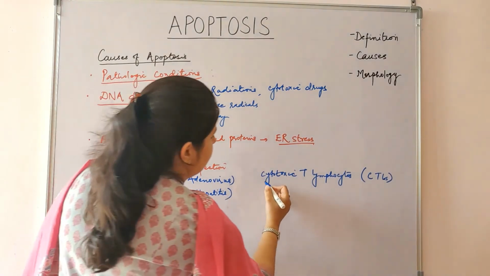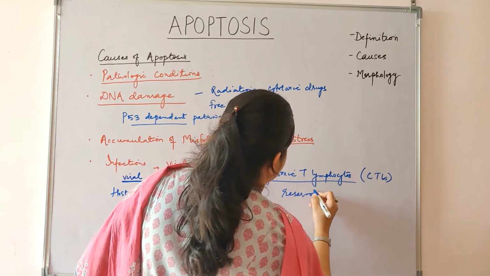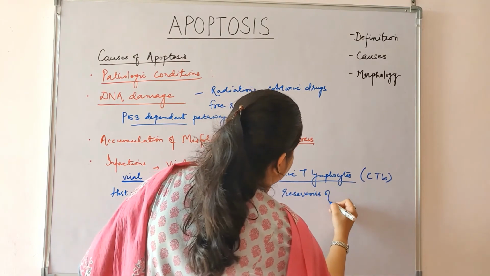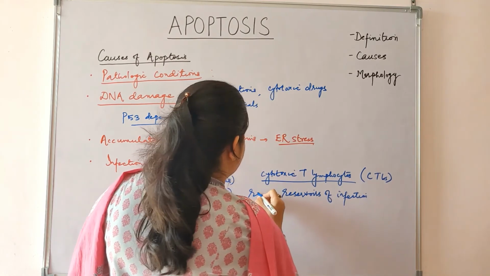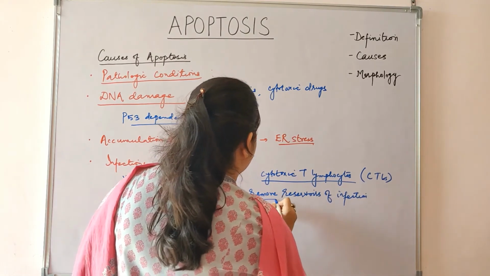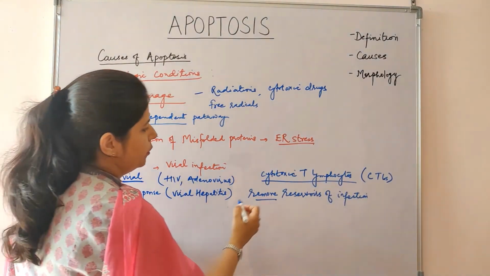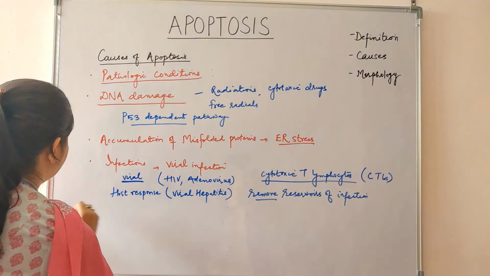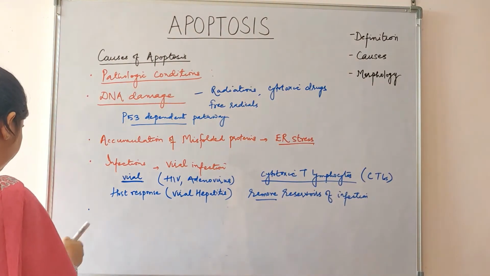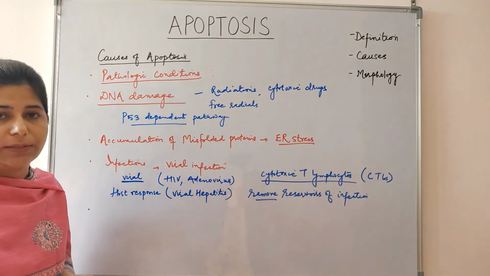So in a way they remove the reservoirs of infection. And they also play an important role in killing tumor cells and in the removal or the rejection of transplants.